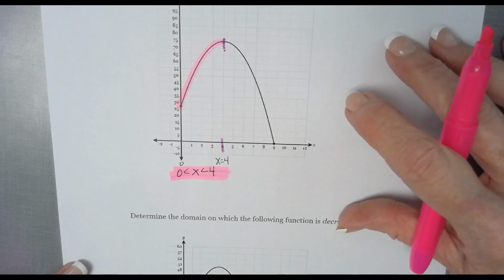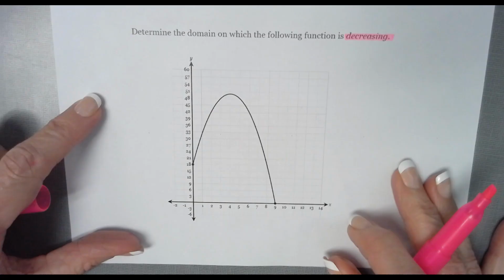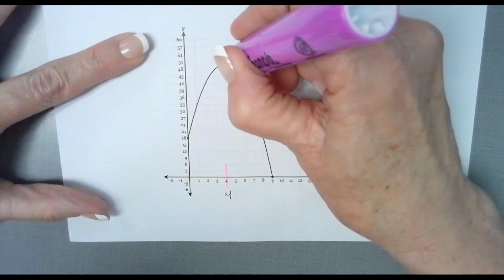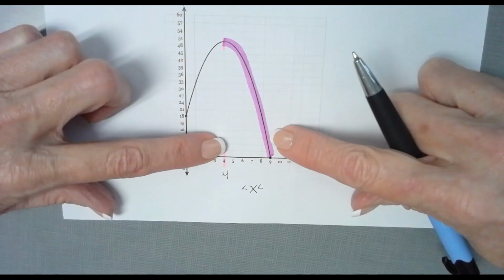All right. Determine the domain where symmetry, where it changes direction. That's going to be right here. Again, this one's at 4. And notice it stops, so that means I've got to write an in-between statement.